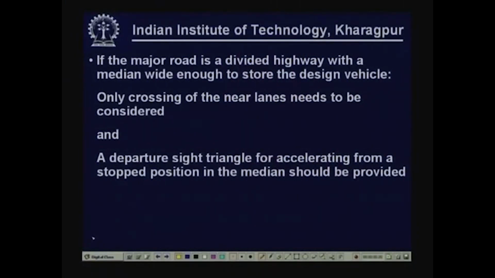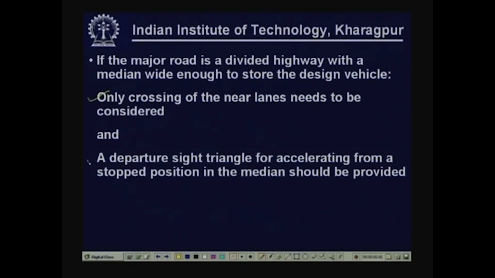So we shall consider crossing of near lanes only, and the vehicle can be stopped in between using the median.